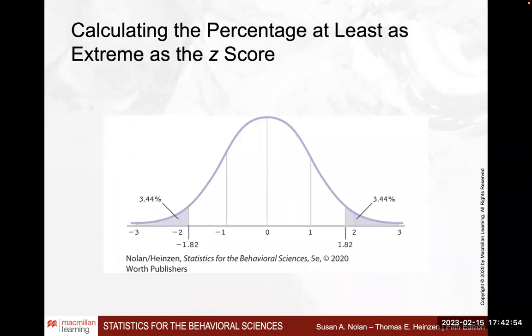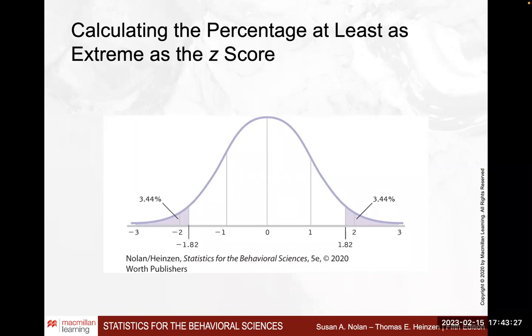If I want to know who in my population has heights that are as extreme an outlier as Manuel, or those that are even shorter than Manuel, I basically have a symmetric distribution, right? I have two tails. I look at this tail, I know it's 3.44.